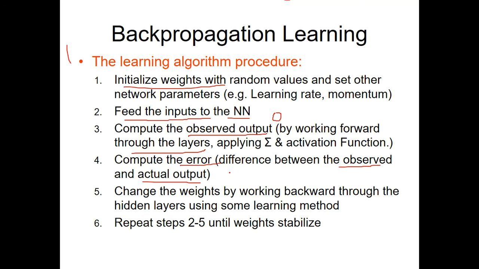It may be either single or summation over a batch. Now change the weights by working backward through the hidden layers using some learning methods, and repeat 1 to 5 until weights are stabilized. Now we are going to see this with taking one example.